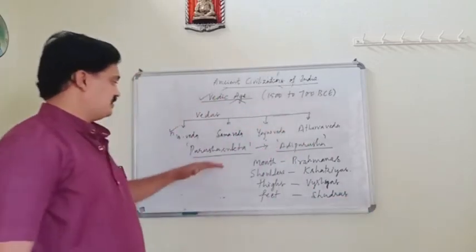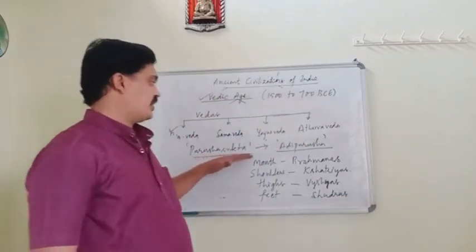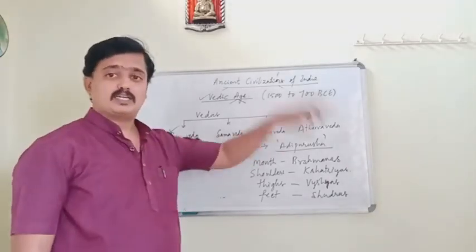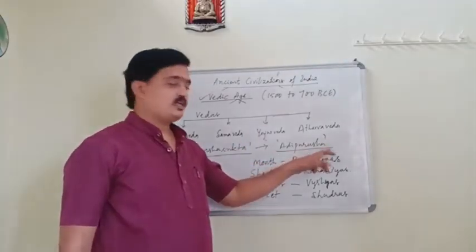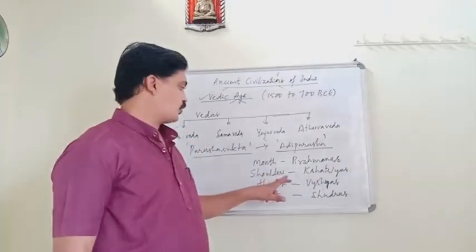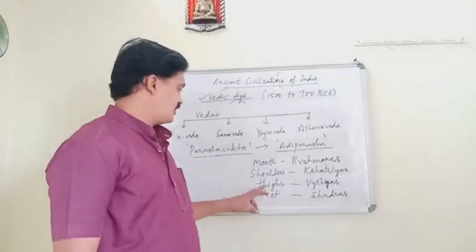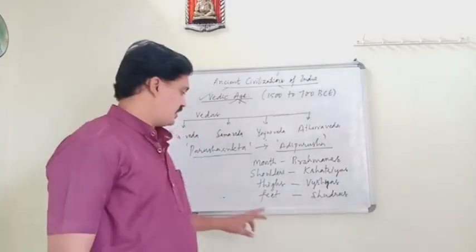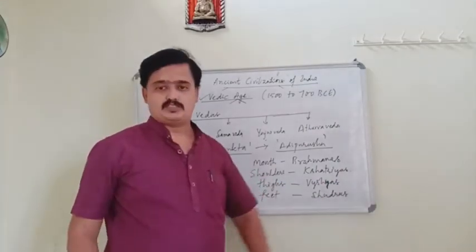Okay, so Purusha Sukta says that God has created the Adi Purusha, and whose mouth became Brahmanas, shoulders Kshatriyas, thighs Vaishyas, and feet Shudras here.